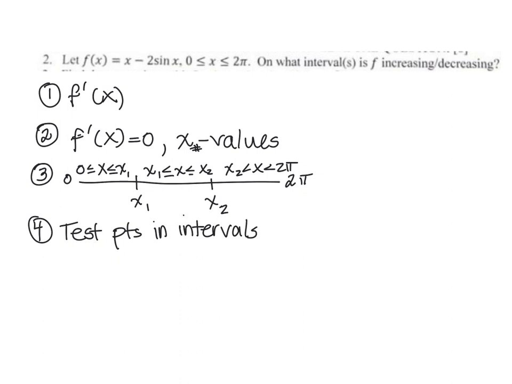And we're going to apply that if we find f prime of x of our test point is greater than 0, then that whole interval is increasing. And if it's less than 0, then that whole interval is decreasing. And that's how we're finding what we're asking to be found.